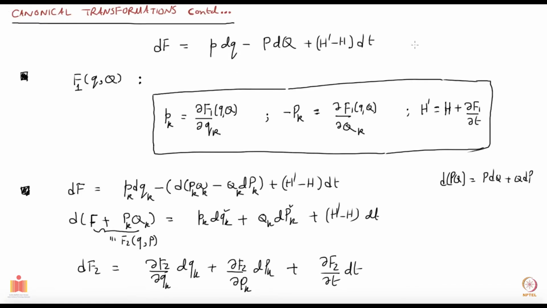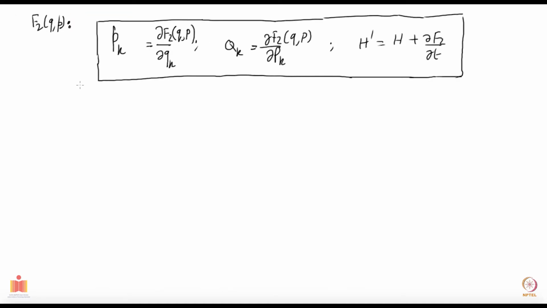We can again go back to the original equation here and make a different choice of variables for f. So let me do that now. This will be the third. Let me write df again: p dq minus capital P dQ plus h prime minus h dt.